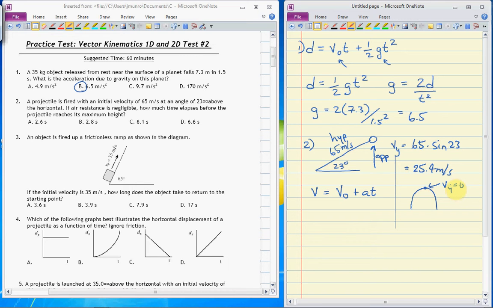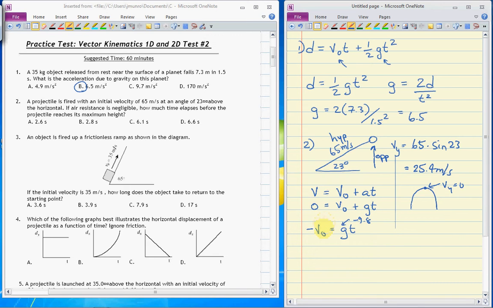So we're going to use that and simply say then that since that is true, we could say that 0 is equal to v naught plus gt. So negative v naught is equal to gt. The negative signs will figure themselves out because g itself is a negative value acting downward, negative 9.8.